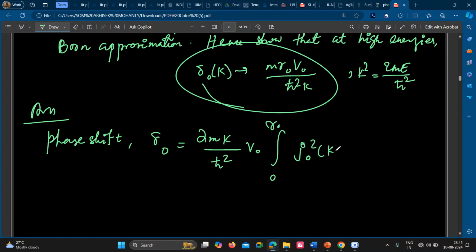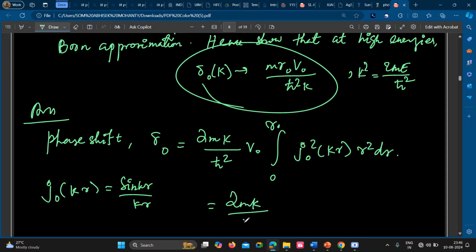This Bessel function is coming again and again, so we have to take a class on it. What is the value of j naught kr? J naught kr is actually sine kr by kr. Just put it there: 2mk by h cut square V naught, integration 0 to r naught of sine square kr divided by k square r square, times r square.